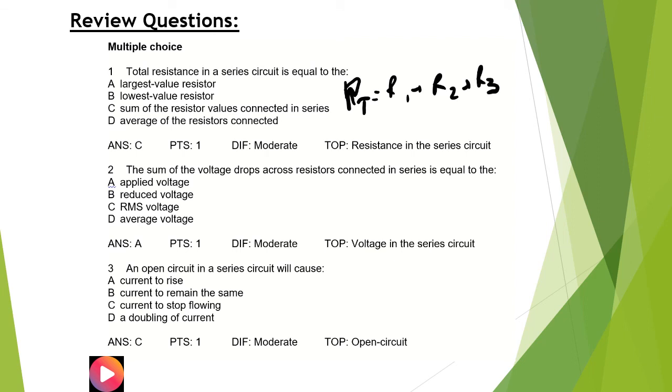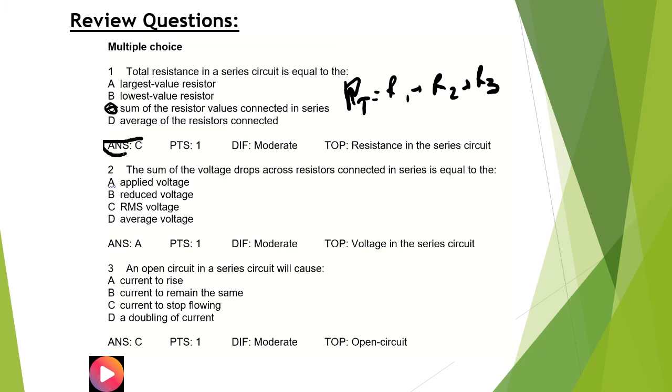So that's a bit scrappy, but that is C, the sum of the resistor values connected in series. Yeah, so the resistance of a series circuit is equal to the sum of the resistors. Okay, so that is C.